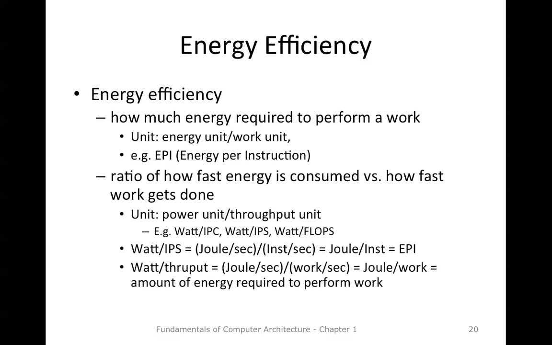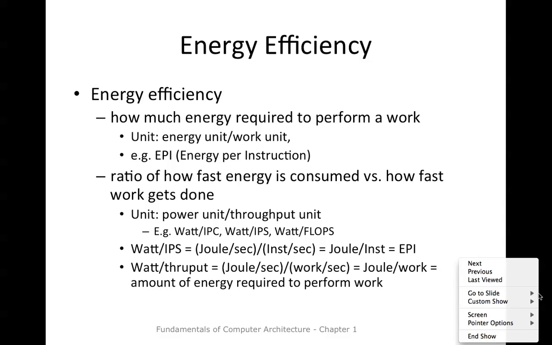If we choose the middle one, which is watt per IPS, then the watt itself is joule per second, IPS is instruction per second, and the seconds eliminate one another, and what we have is joule per instruction, or essentially the same as EPI.